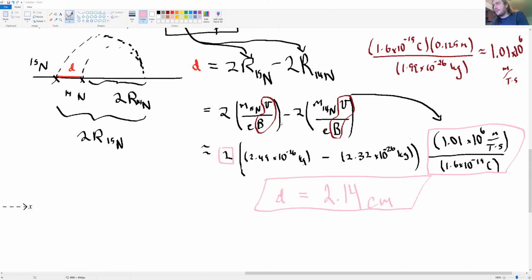Okay, Jonathan gets a different answer than the rest of us, so maybe let's think about what could happen there. So 1.25 centimeters. It's off by less than a factor of 2, so double check your calculation on that one.